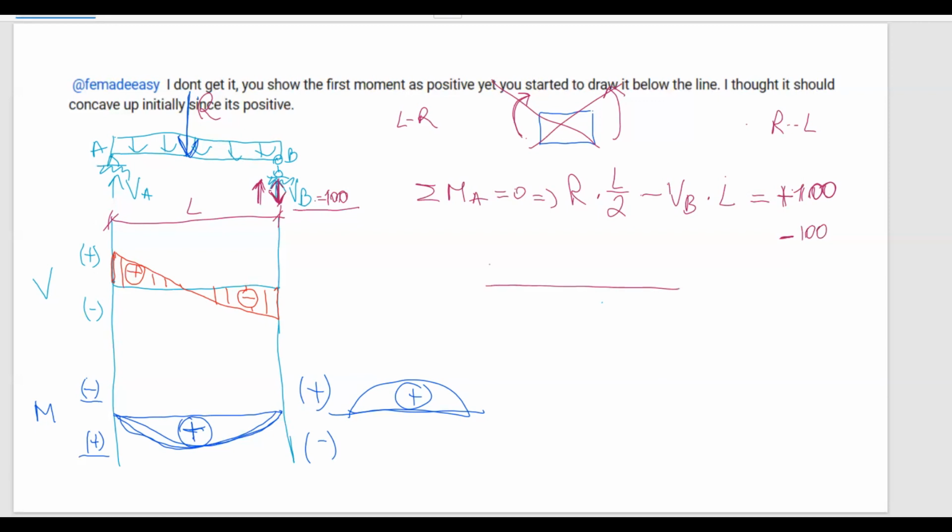To give you an example, if you have this, let's say, simply supported beam, and you have a support here, and then another one somewhere here, and then you have another load here, let's say 100 kips, right?